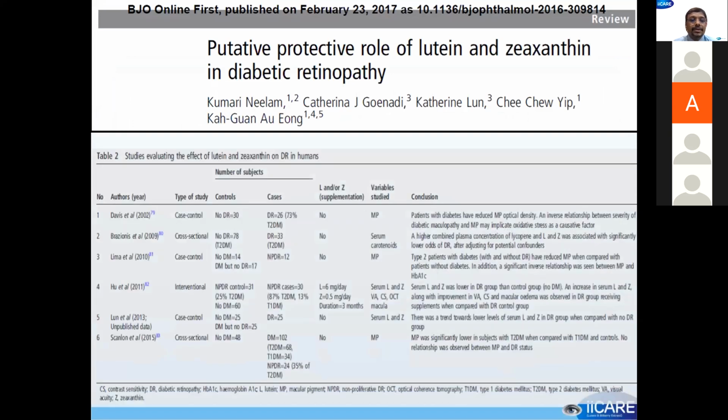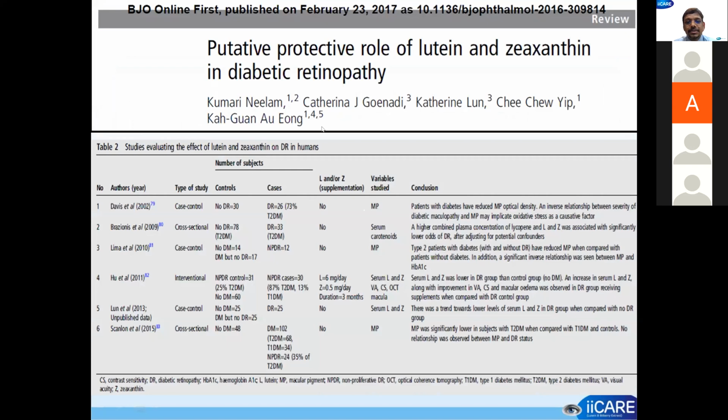Now I'm sharing with you a compilation of studies which evaluated the effect of lutein and zeaxanthin on diabetic retinopathy. Most of these were prospective cohort studies.